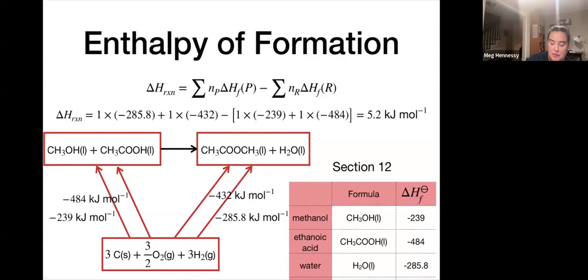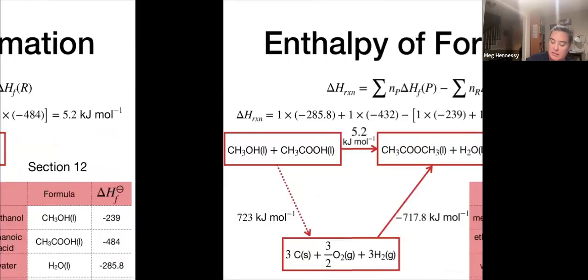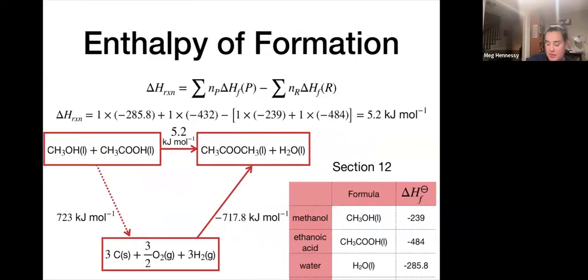I broke that into the two formations here so that the numbers are on the picture. And finally, I'm going to flip those two reactions around in order to get the delta H that we want. So there we go. It's the same 5.2 kilojoules. Again, just a little bit of a souvenir if you want to look at this again. So enthalpies of formation, products minus reactants.